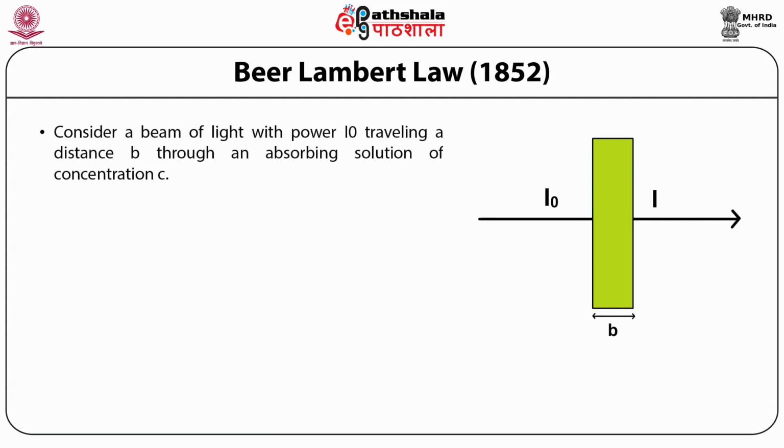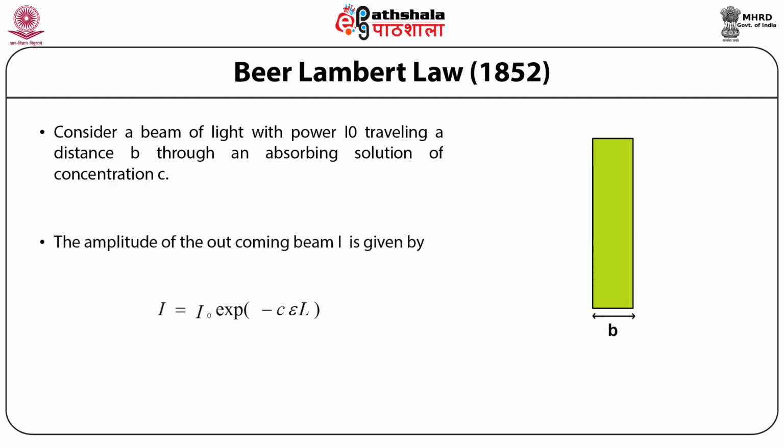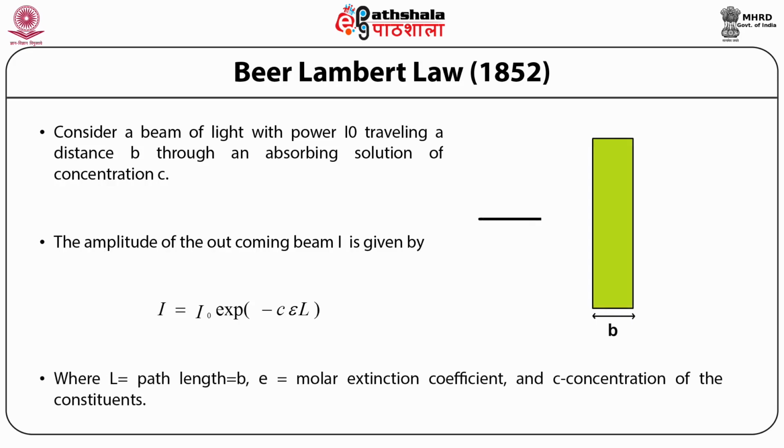Consider a beam of light with the power I0 traveling a distance b through an absorbing solution of concentration C. Then the amplitude of the outcoming beam is given by I equal to I0 exp of minus C epsilon L, where L is the path length equal to b, epsilon equal to molar extinction coefficient, and C the concentration of the sample.